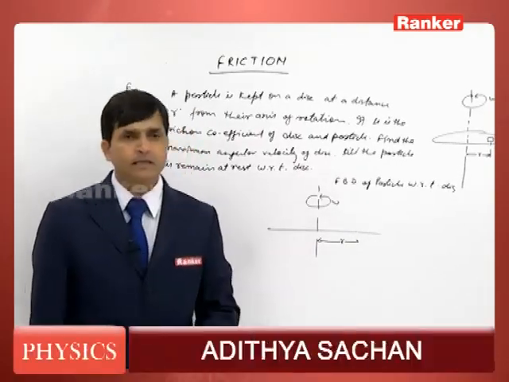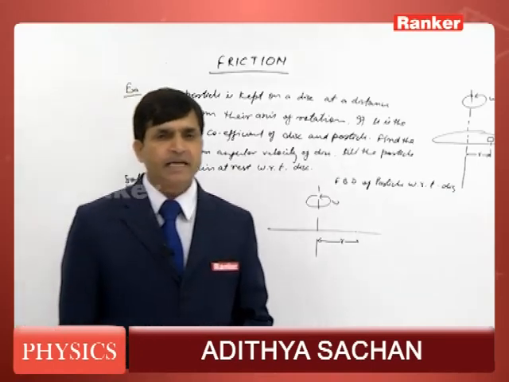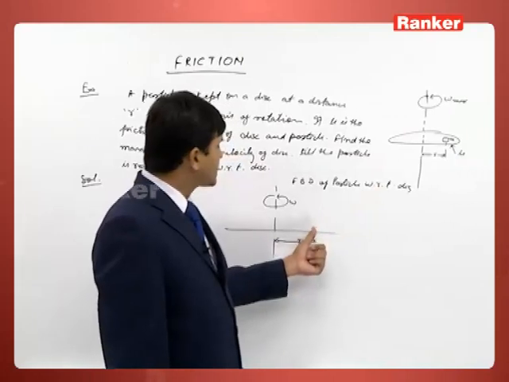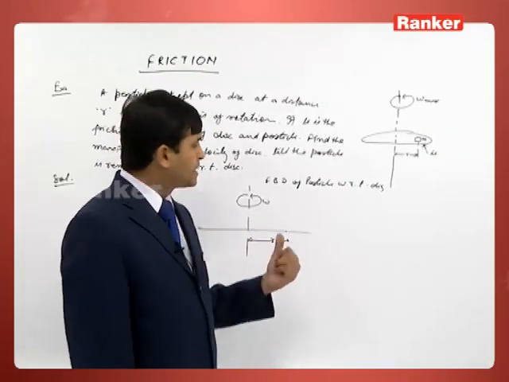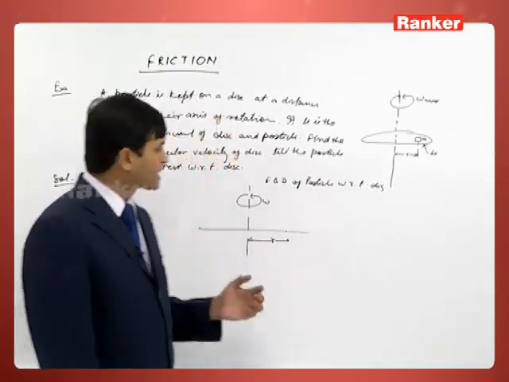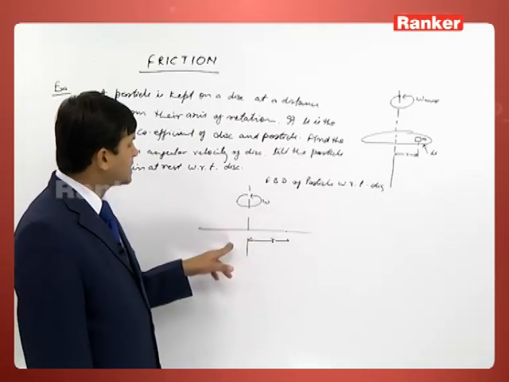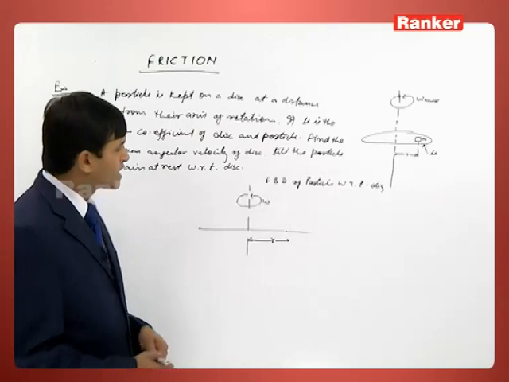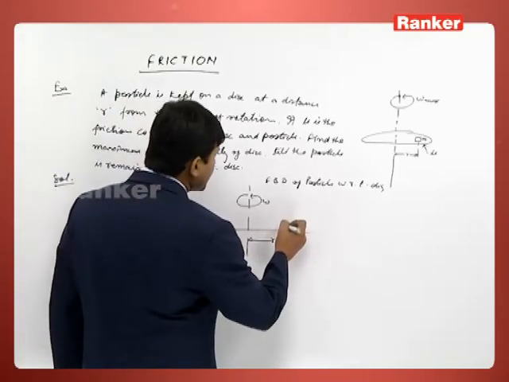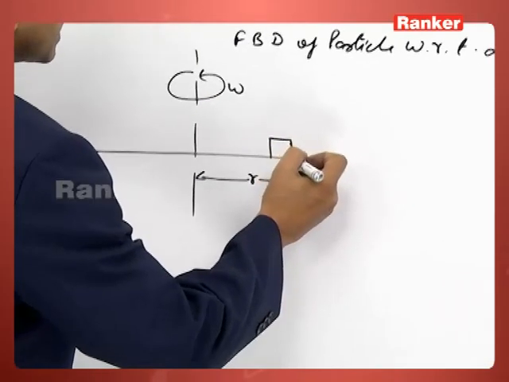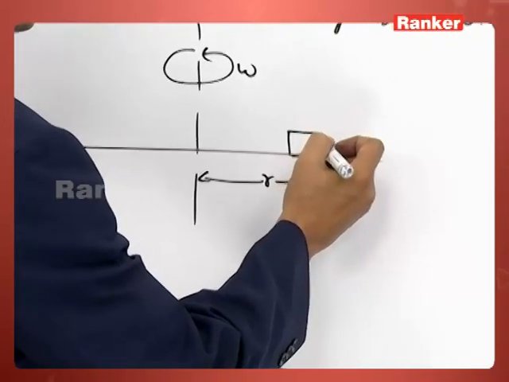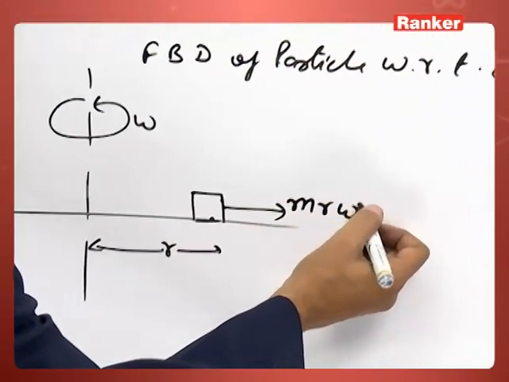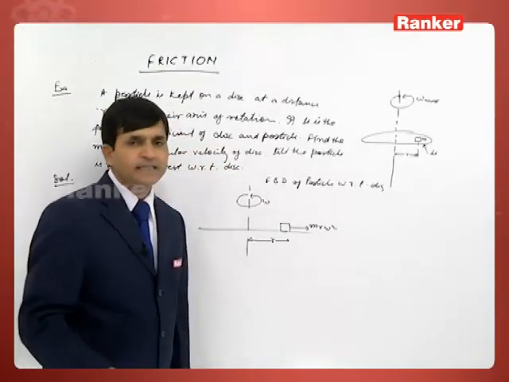That acceleration is called the centripetal acceleration. The place where this particle has been kept also has an acceleration toward the center, given as r omega square. So if we make the FBD of the particle, the particle experiences a pseudo force m r omega square in this direction.